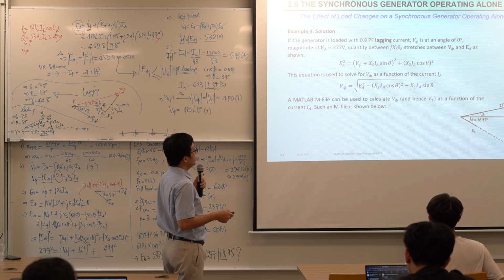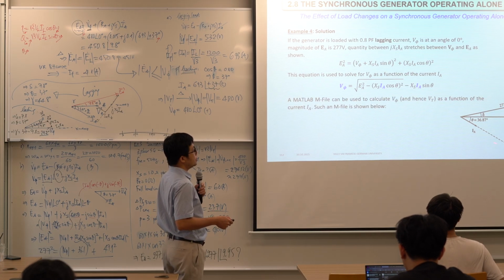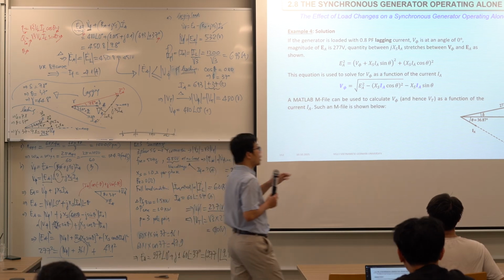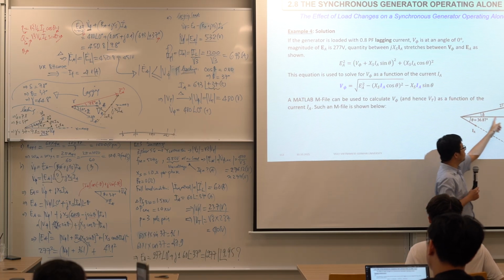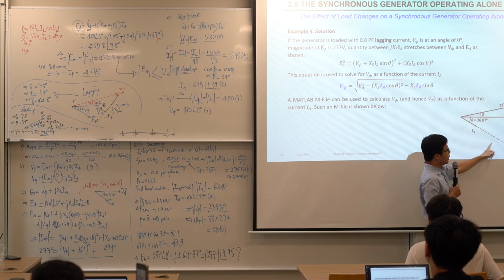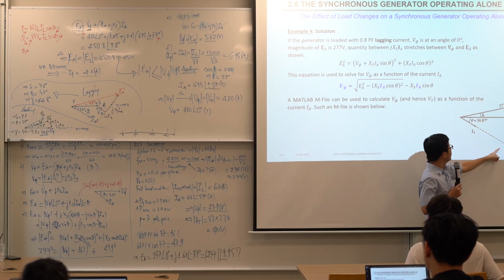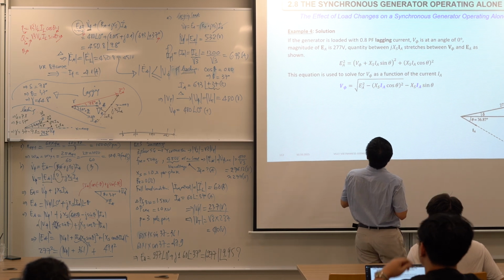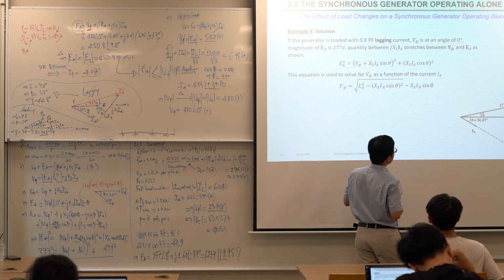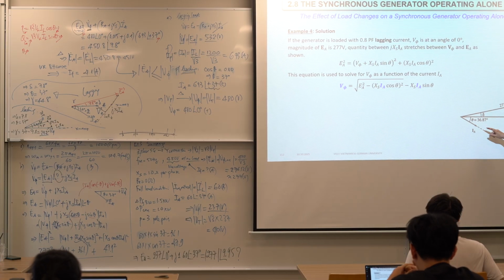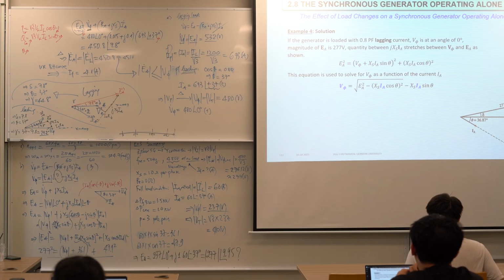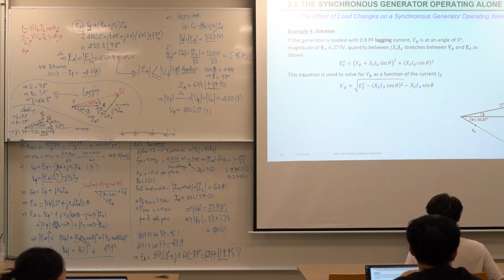Remember that this is the phasor diagram for the lagging load condition. This is V phase, this is IA, and the phase angle here is 36.87, that means 37 degrees.